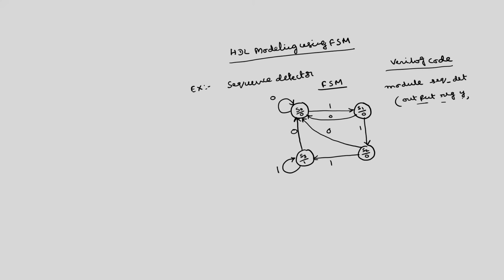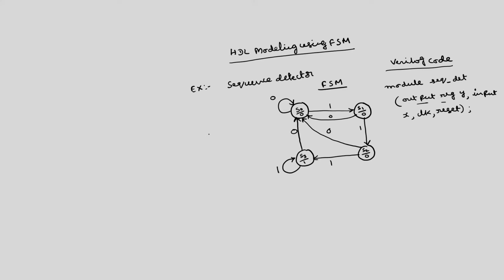So, there will be only one output which is called Y and one input X, another input is clock. I am going to use another input called reset. Here no need to again define the register, the output and input.